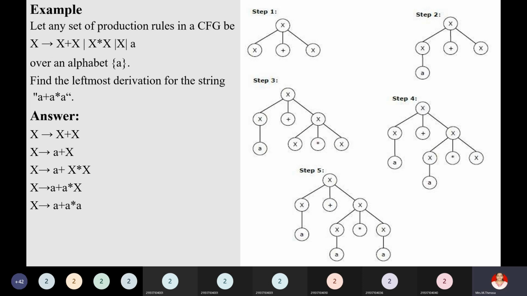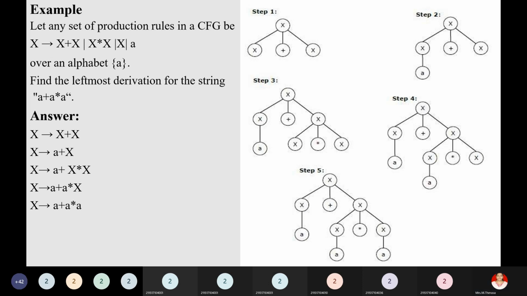any one of its production rules. Say for example, you are taking a. Then you have only one non-terminal X, so that can be replaced by its production rule X star X. Then here you have two non-terminals. If it is a leftmost derivation, you need to choose the leftmost non-terminal X. So this X is replaced by a. Clear?